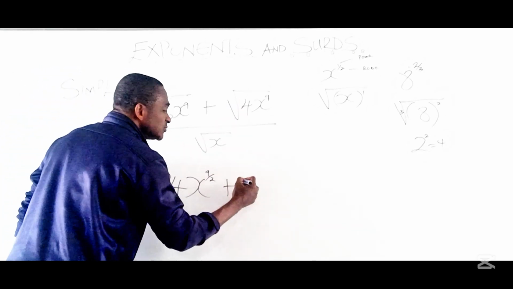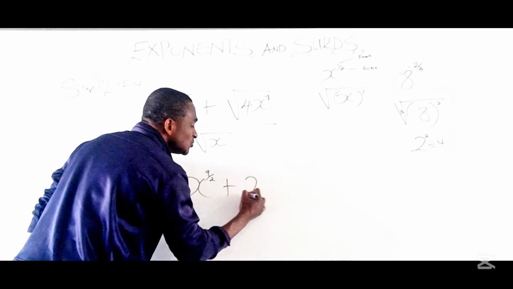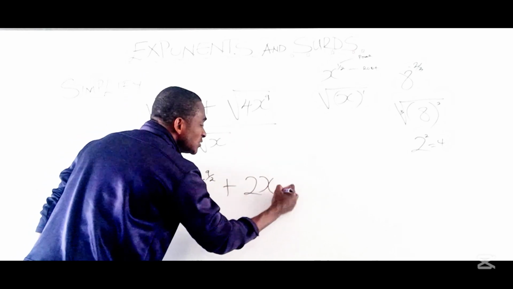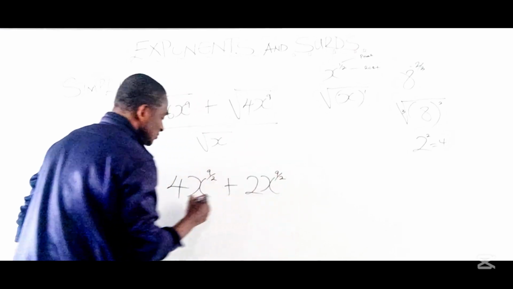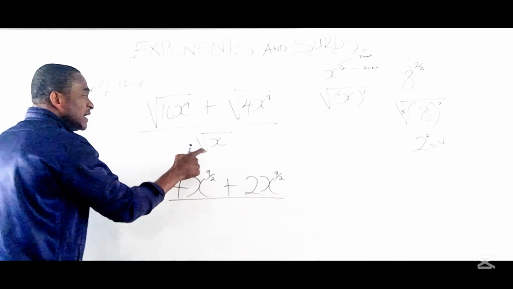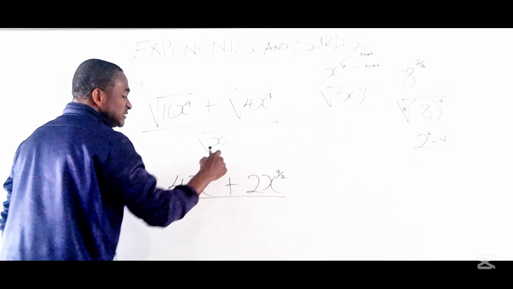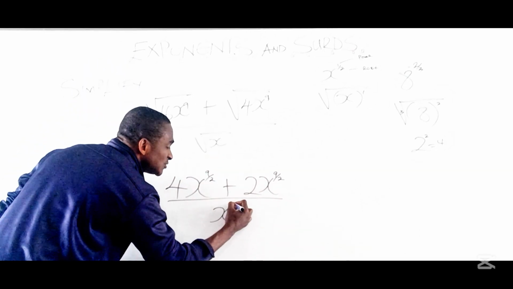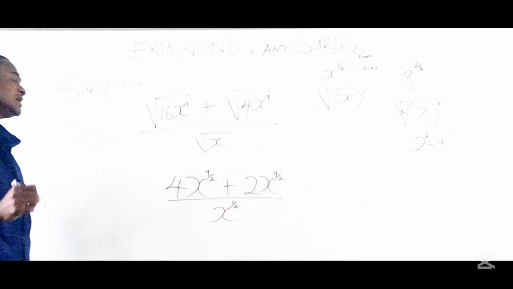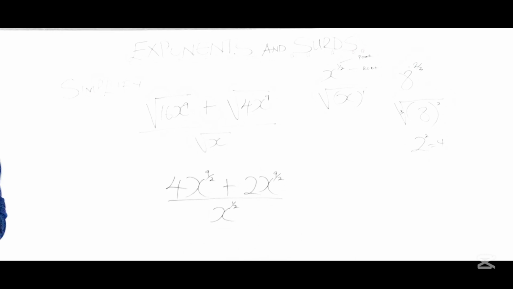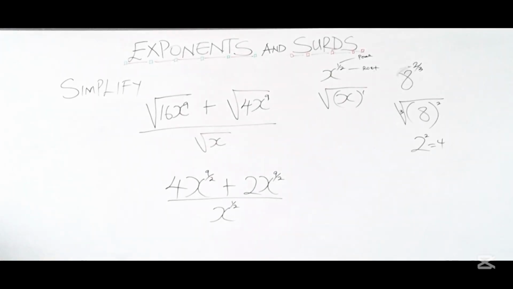Plus, the square root of 4 is 2, and we also have 9/2, all divided by this. Now we apply this. Remember, the square root means it was gotten by x to the power of 1/2. Now we can progress from there.